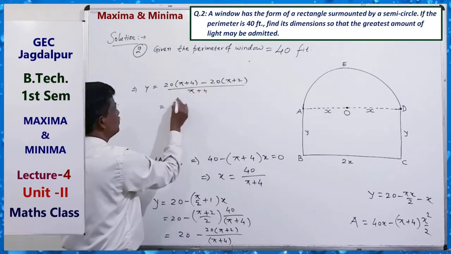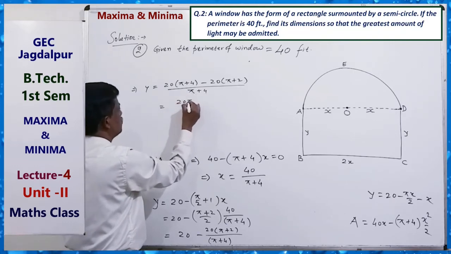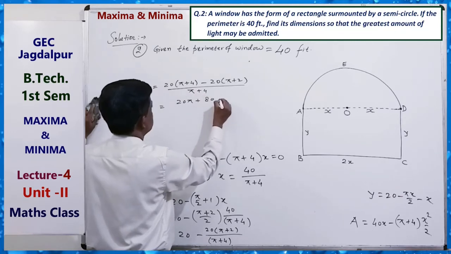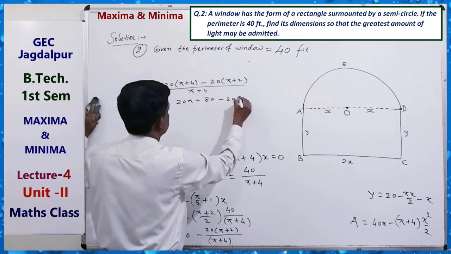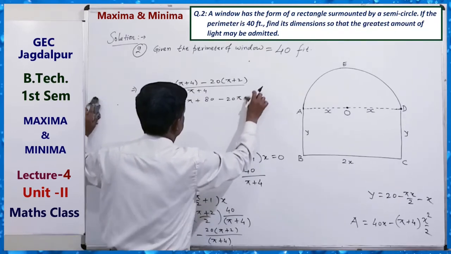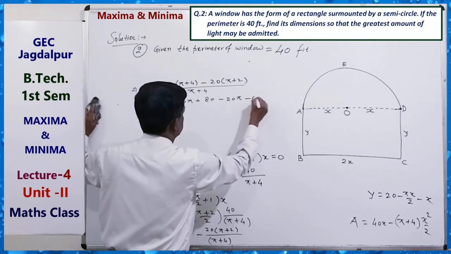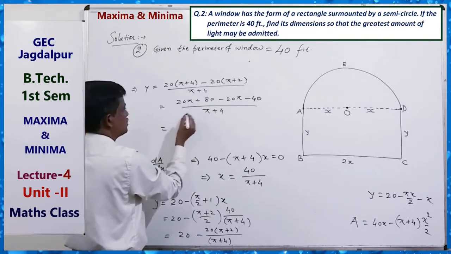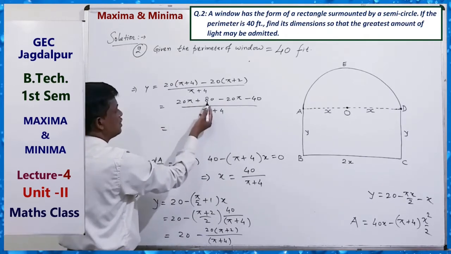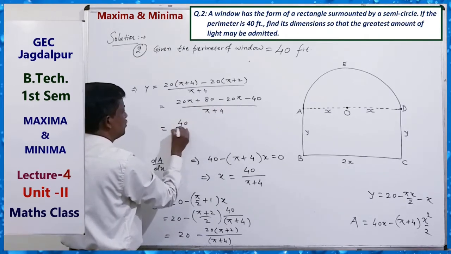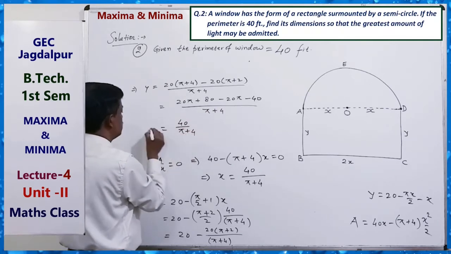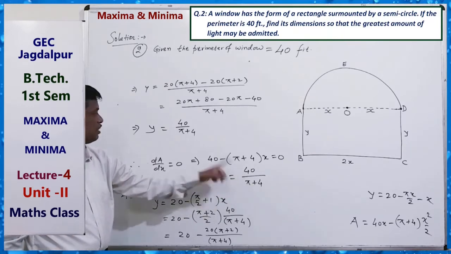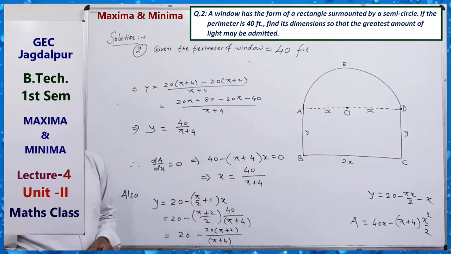So this is 20 pi plus 80 minus 20 pi minus 40 upon pi plus 4. See, 20 pi cancels, 80 minus 40, 40 by pi plus 4. y equals the same value.